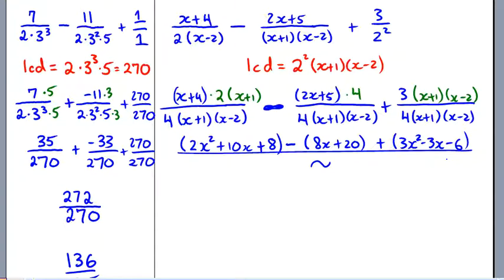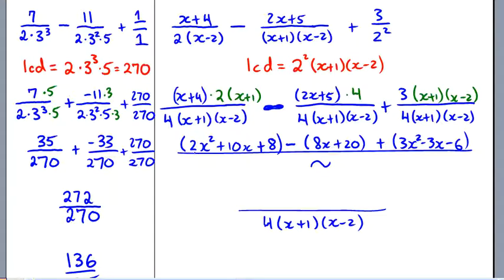Okay, so it's time to put all of those numerators together into one numerator, and we'll keep the same denominator on the bottom. It's starting to get simpler here now, so let's tidy this up. We're going to have in the bottom that same 4, x plus 1, x minus 2.